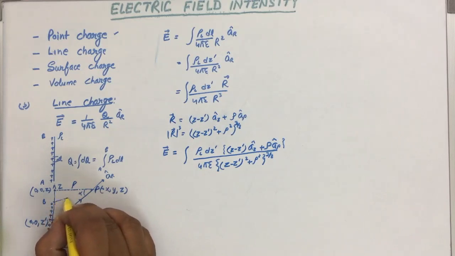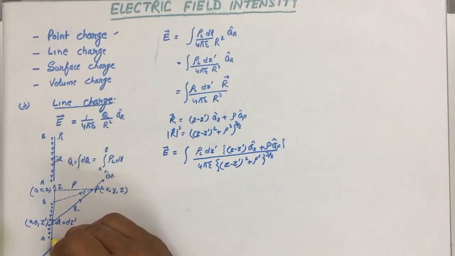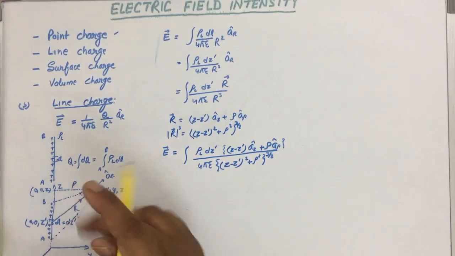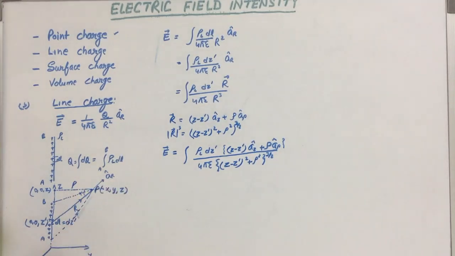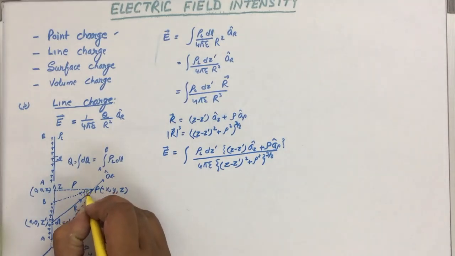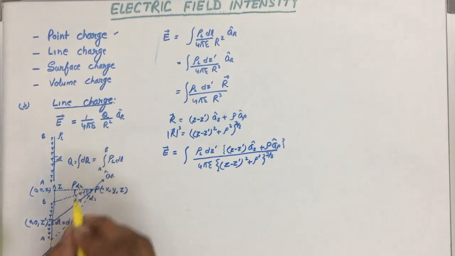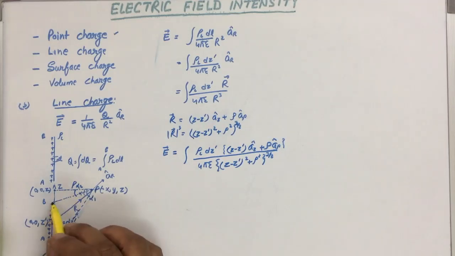If you make this like that and name these angles alpha 1 and alpha 2, then the known terms are alpha 1 and alpha 2, related to A and related to B.